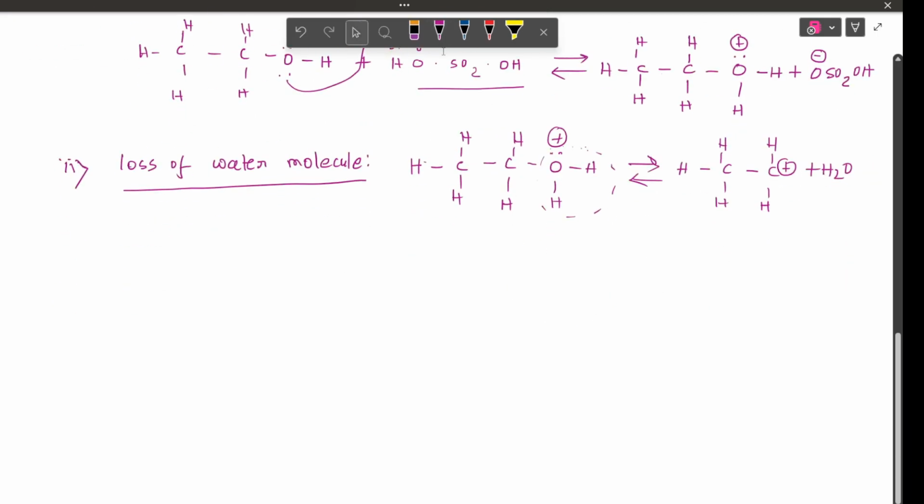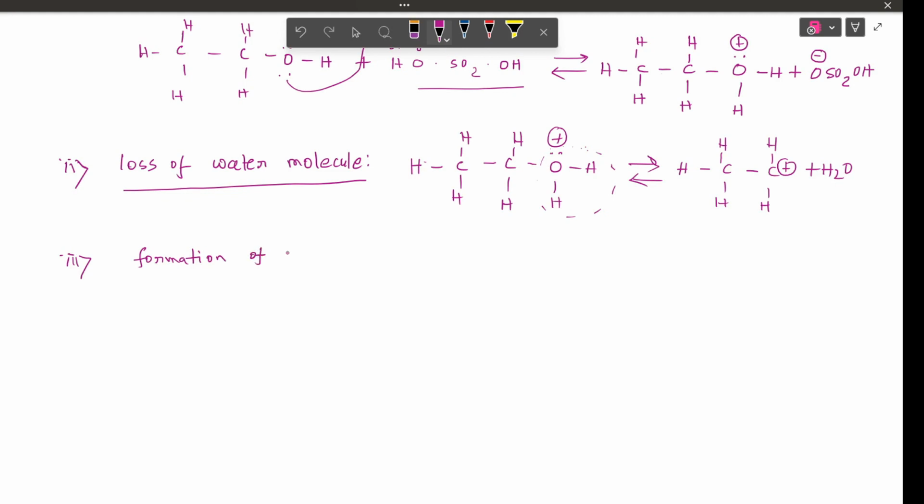Now our third step is formation of alkene. The intermediate carbocation just formed loses a proton from a beta carbon to form the alkene.